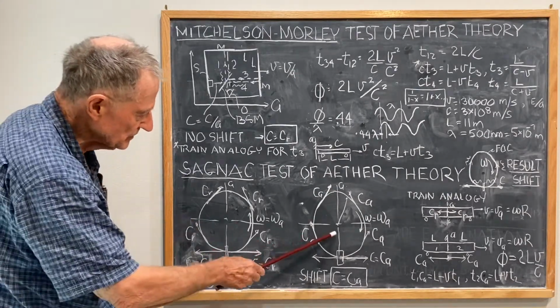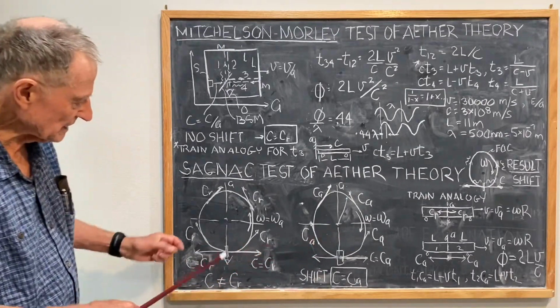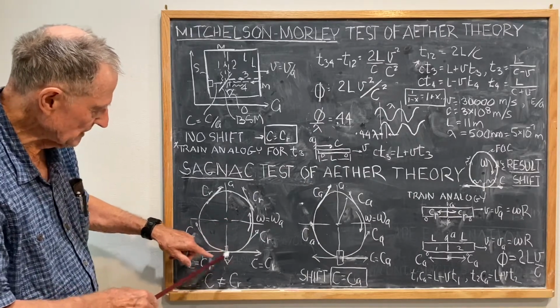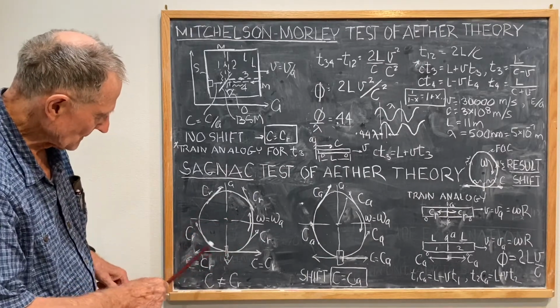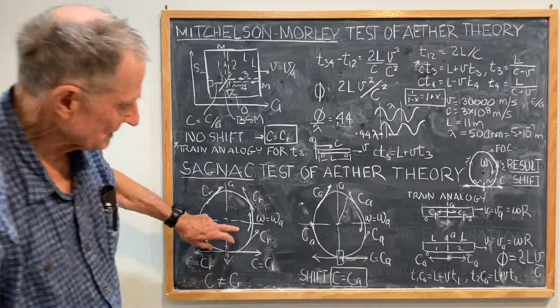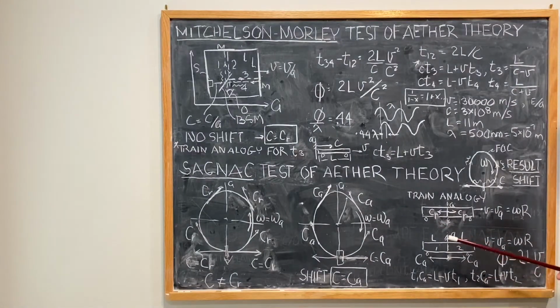It's easier to visualize these two experiments if you think of them in a train analogy, by taking this loop and this loop and just flattening them out, so that what this one looks like in the train analogy is each arm.